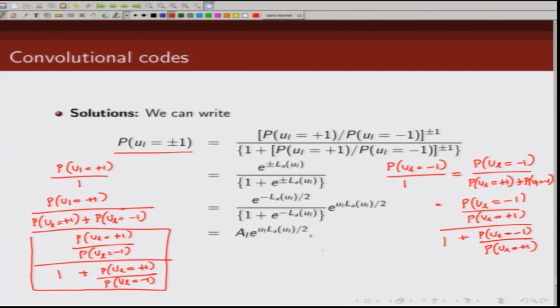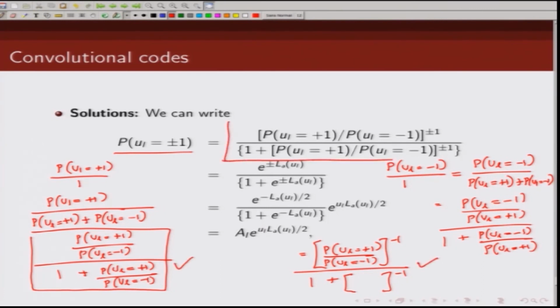Now this I can also write as probability of UL being plus 1 by probability of UL being minus 1 raised to power minus 1, and this is 1 plus the same thing raised to power minus 1. So if I combine this and this, what I get is the first step here. Okay, I can write by combining this and this, I will get this.